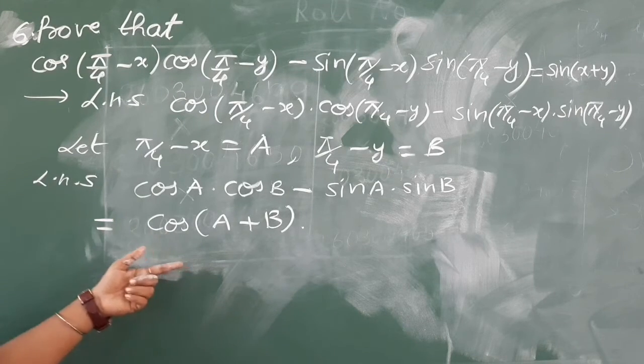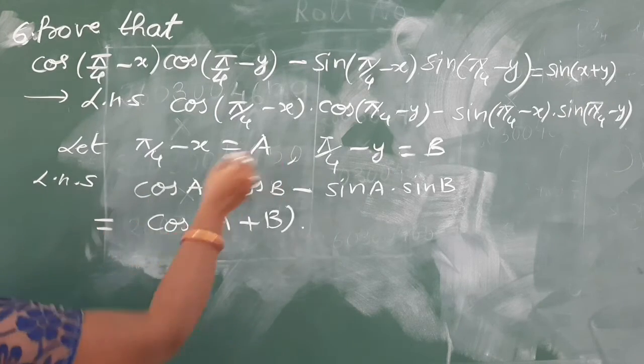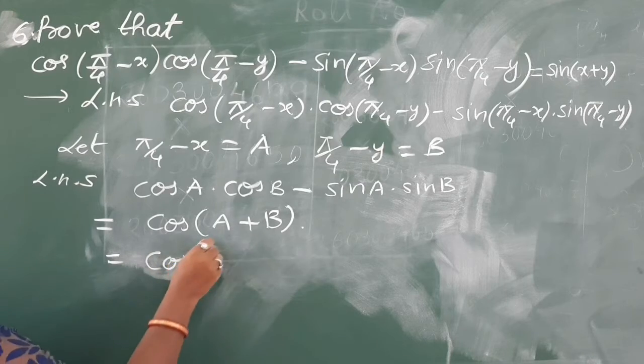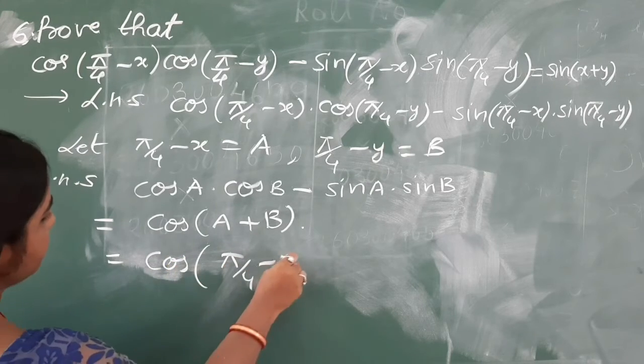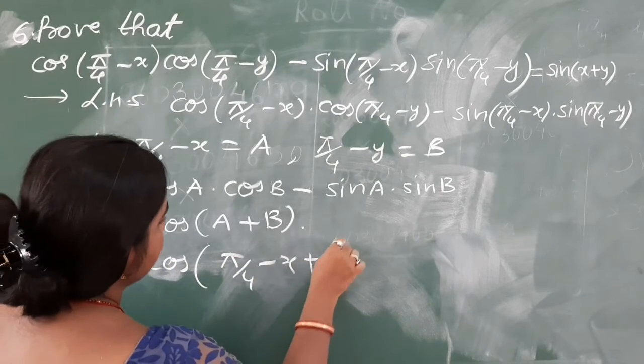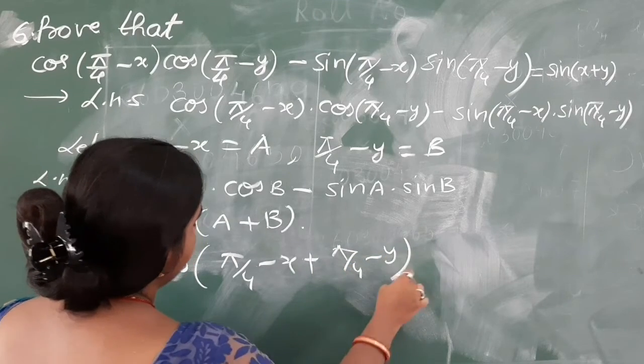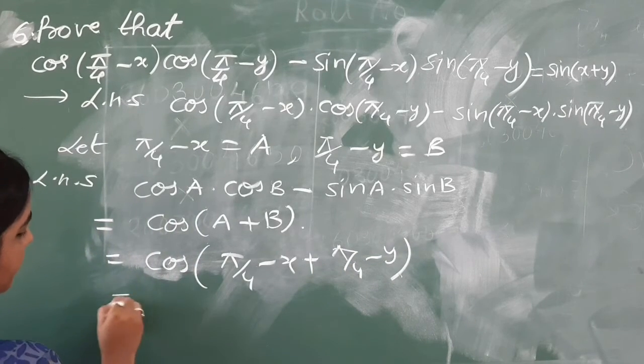Now after that I am going to apply the values of a and b. So cos of pi by 4 minus x plus pi by 4 minus y, and then I am going to calculate it.